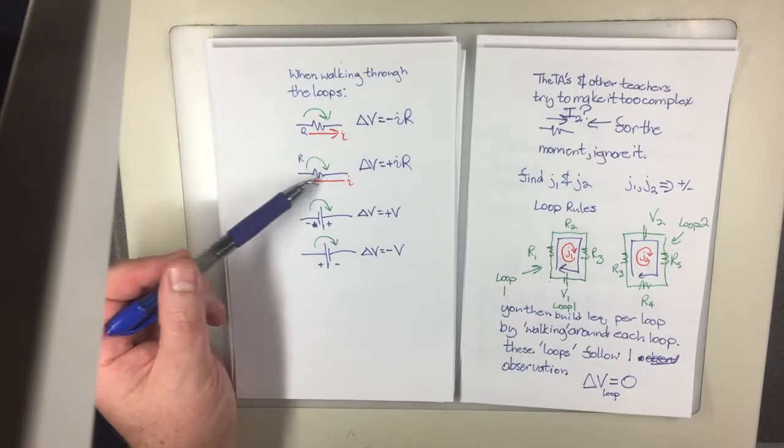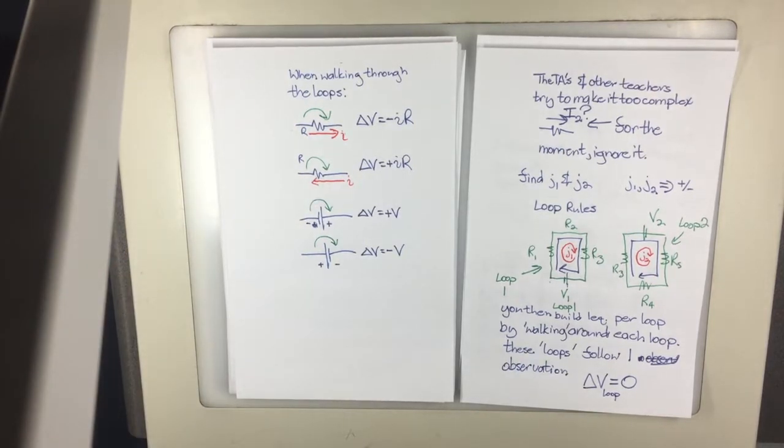When you're going against the current, you're going upstream, you're reaching a higher potential, and so the change in potential is positive IR. And so these are some of the fundamental rules behind Kirchhoff's law, that there's a change in potential when you go from one end to another end of either a battery or a resistor.